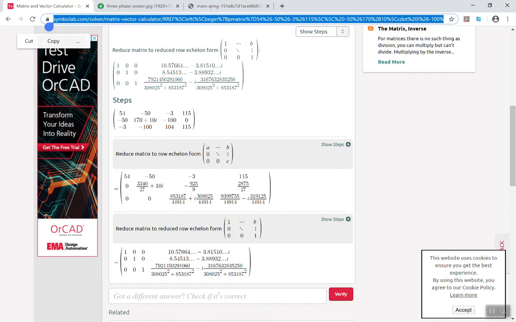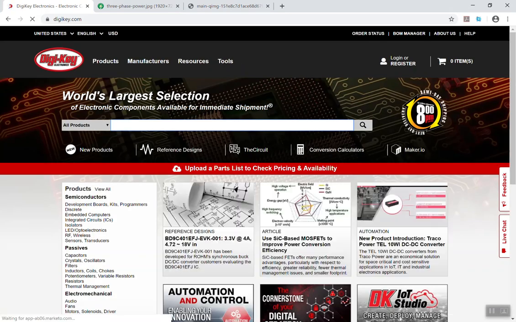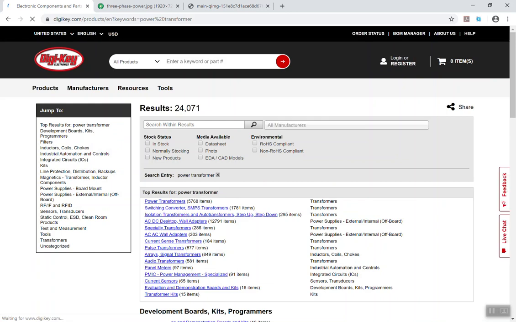Let's go to DigiKey here and show you what I'm referring to with a power transformer. So let's look up power transformers.